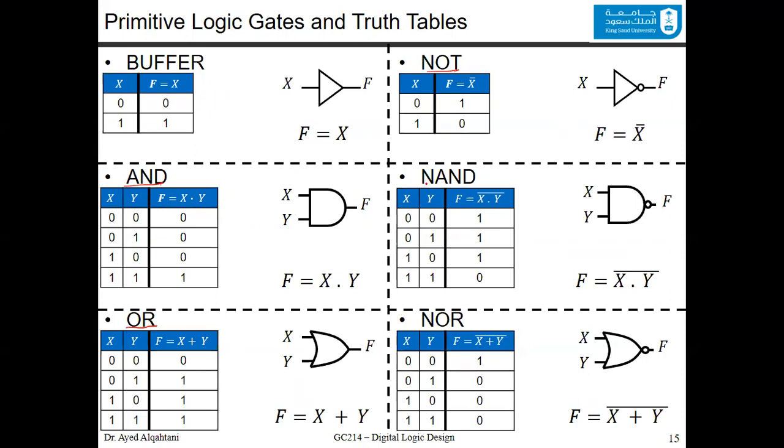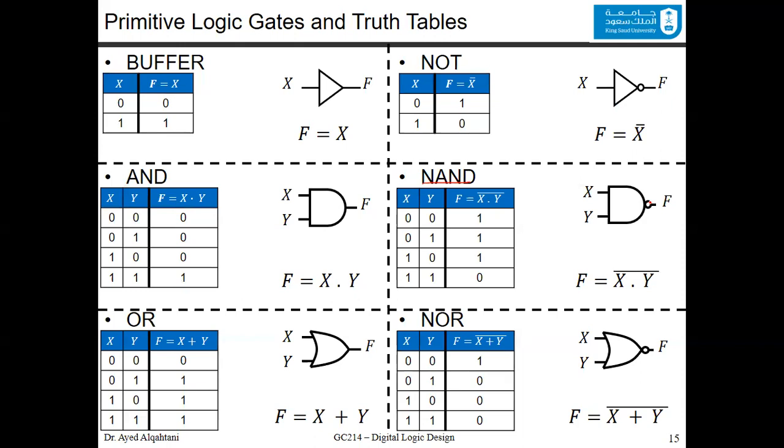NAND is the opposite operation of the AND. And you can see in the symbol, if we have the AND symbol, then for the NAND you are adding only a bubble indicating there is an inversion after you calculate the AND operation. You do the inversion to get the opposite operation.